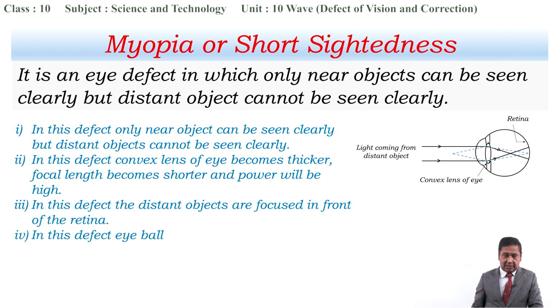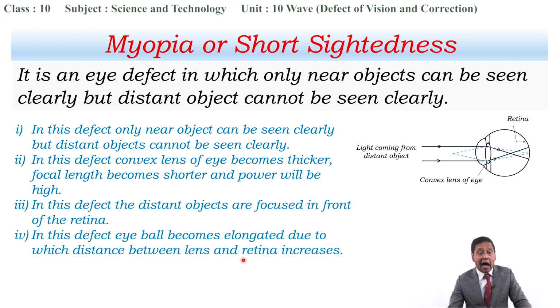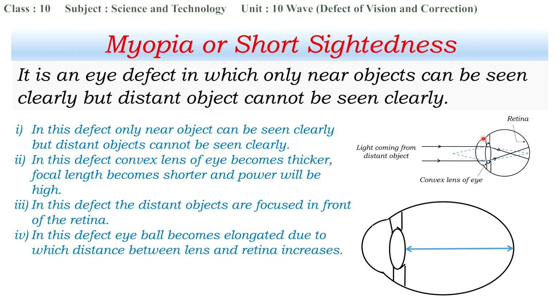Another characteristic is that in this defect, the eyeball becomes elongated, due to which the distance between lens and retina increases. This is the normal eyeball. Because of a certain health problem of the eye, the eyeball is not normal, it is somewhat elongated and oval.